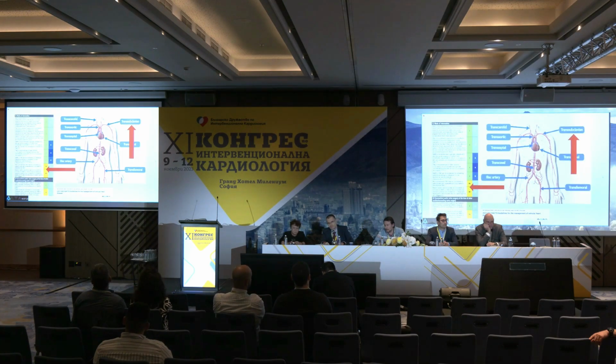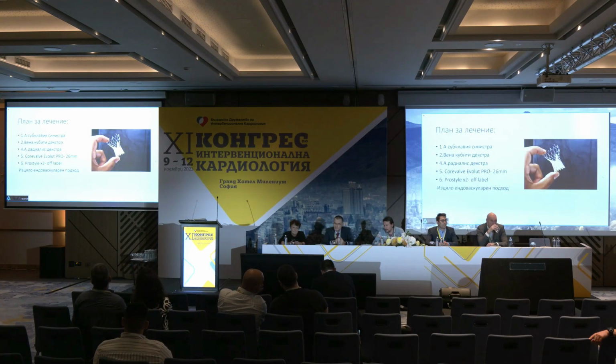According to the guideline, there are several different access points. Our colleagues today will choose the transsubclavian one because of the extreme tortuosity of the abdominal segment, and our plan of treatment is: the subclavian artery on the left side, the right cubital vein, the right radial artery.